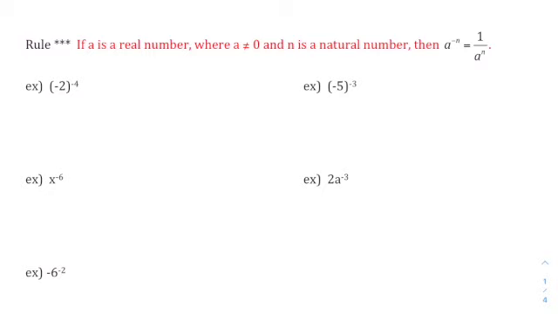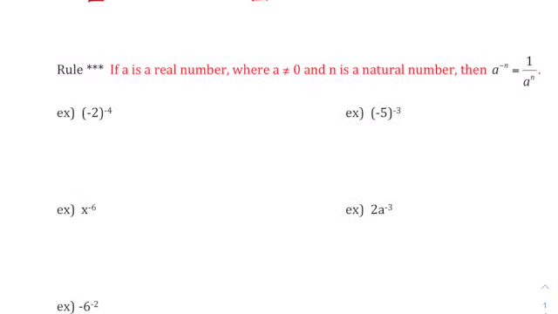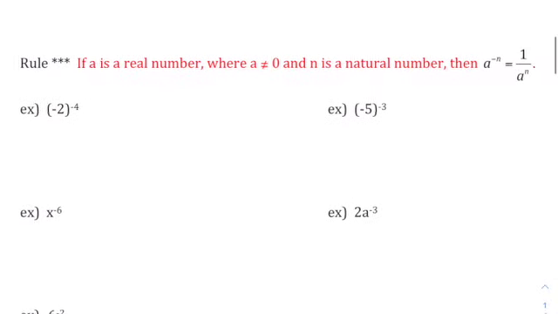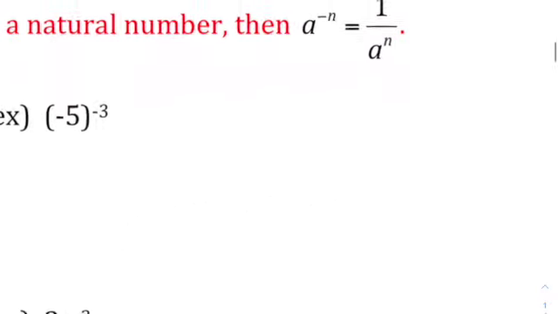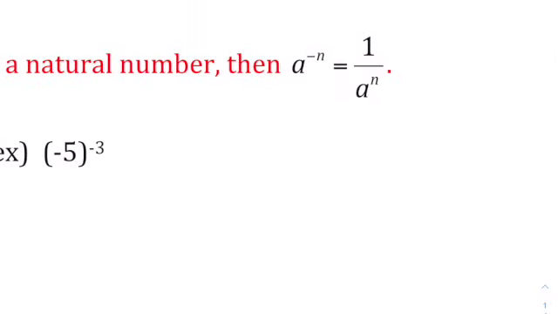But n is a natural number. n is just any kind of positive number, but not that small. And this rule will apply. Okay, so let's take a look at some problems. One very important thing to understand here is that we are talking about the exponent being a negative number.